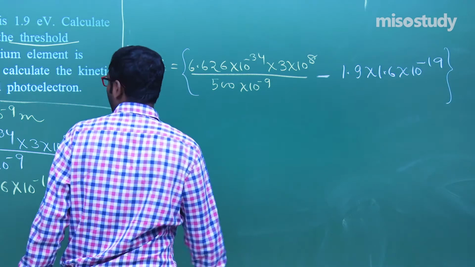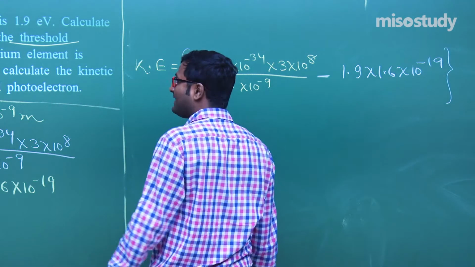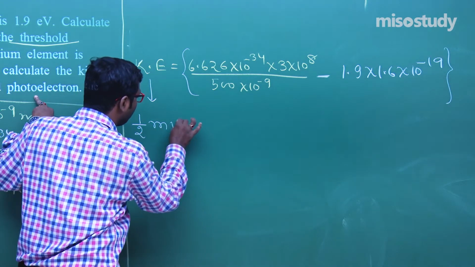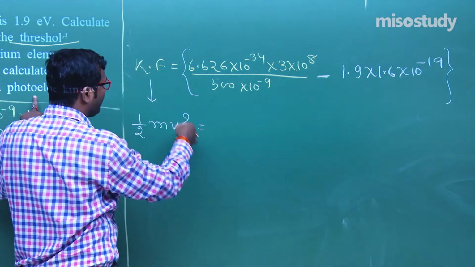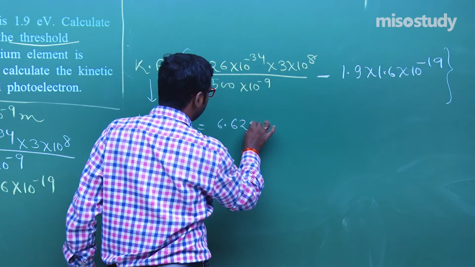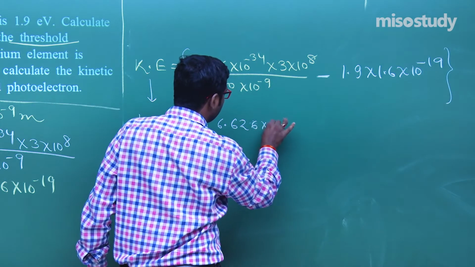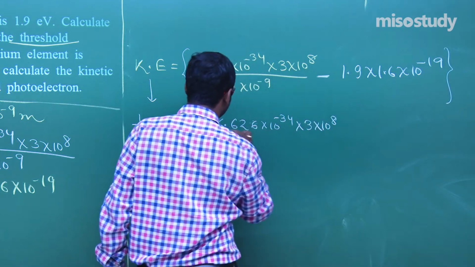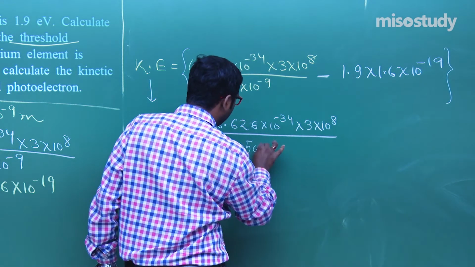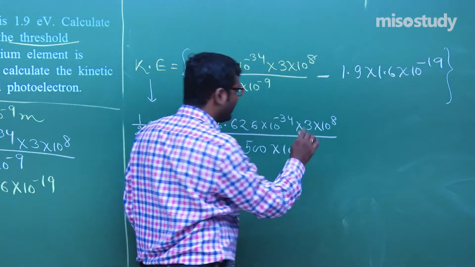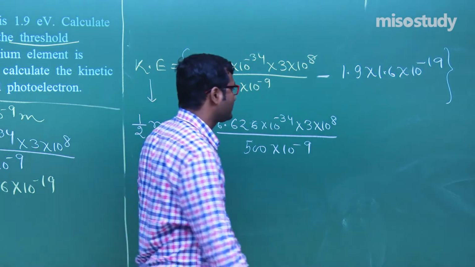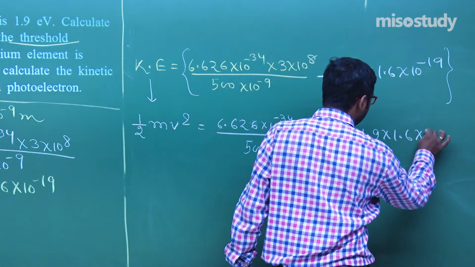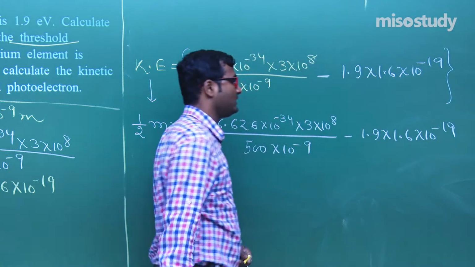Clear? Now, the next part, calculate the kinetic energy and the velocity. As we know, kinetic energy is equal to half mv square. Put there, half mv square is equal to 6.626 into 10 to the power minus 34 into 3 into 10 to the power 8 divided by 500 into 10 to the power minus 9, minus 1.9 into 1.6 into 10 to the power minus 19.